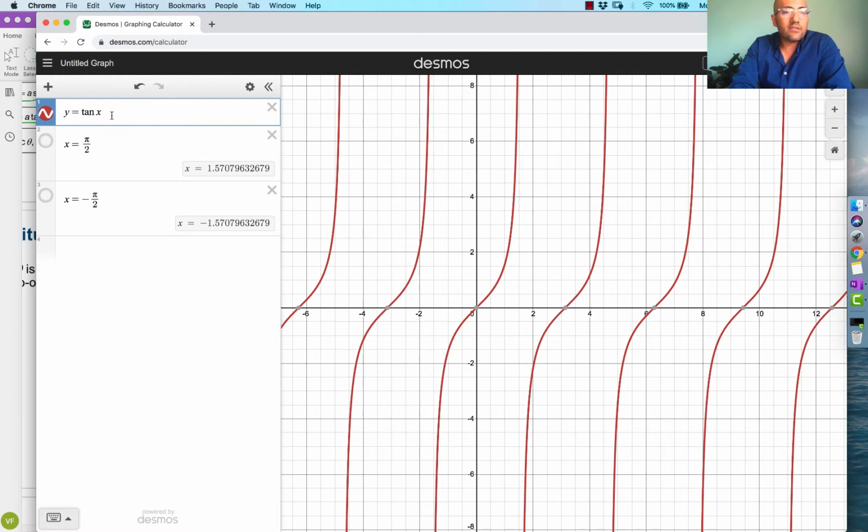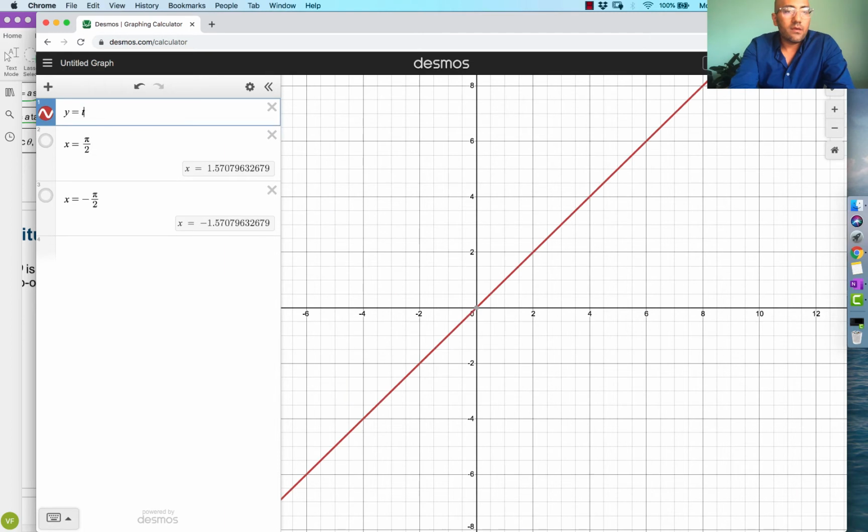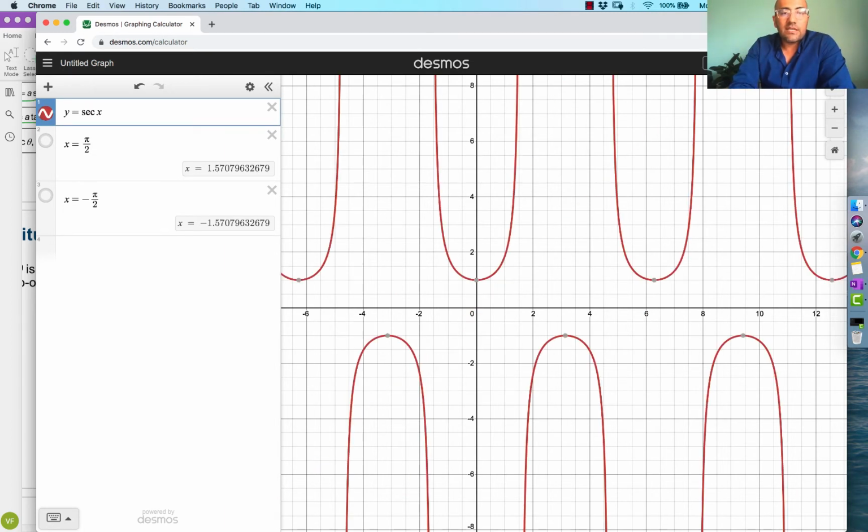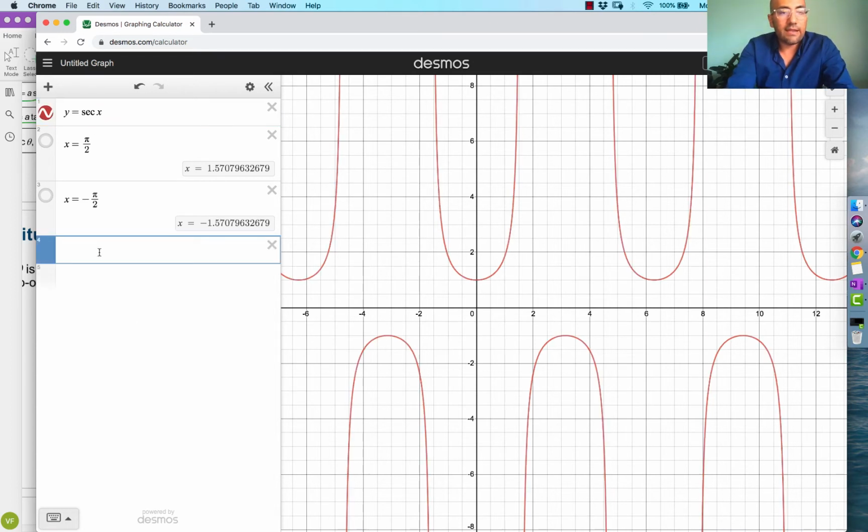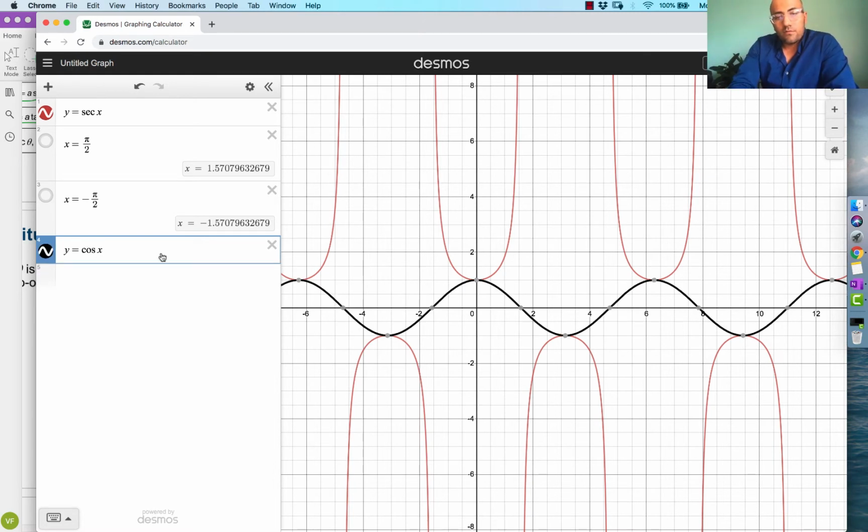And then next we also have secant. We're going to work with secant x. All right, so secant x looks like that. And again, that comes from looking at our y equals cosine x. Right, so here is the cosine function. And whenever cosine equals 0, we're going to have vertical asymptotes.